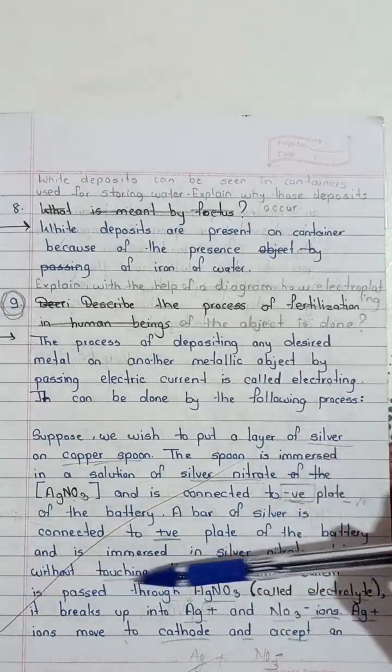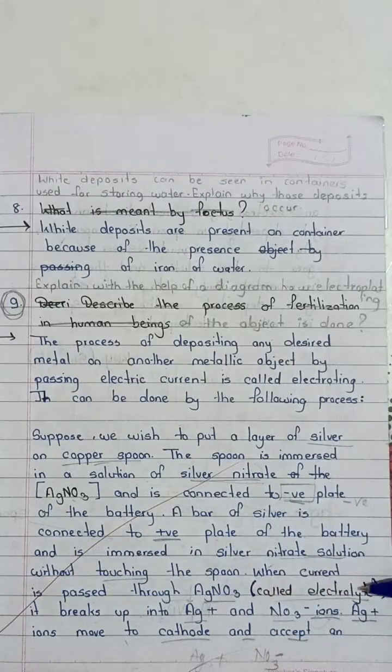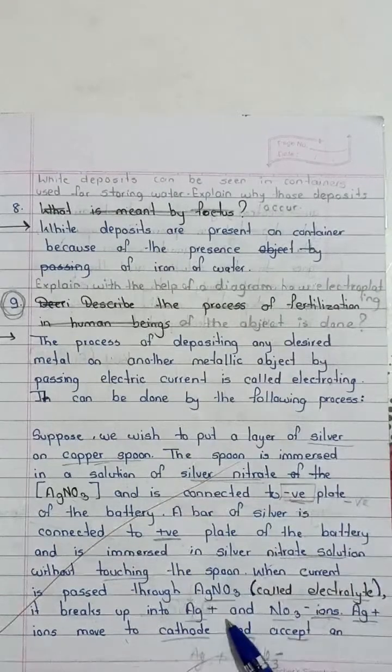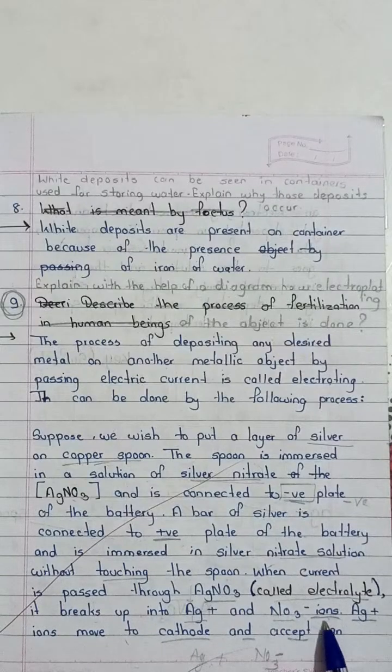When current is passed through AgNO3, called the electrolyte, it breaks up into Ag positive and NO3 negative ions.